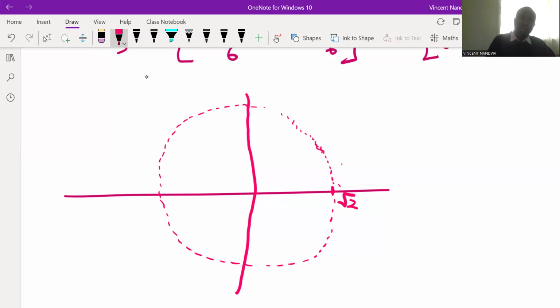So this will have root 2. This one will have minus root 2. This will be minus root 2 i. This one will be root 2 i. So this is the imaginary axis. This is the real axis.